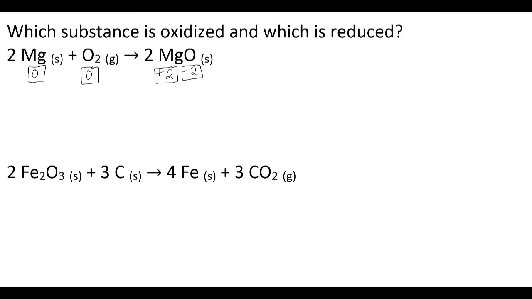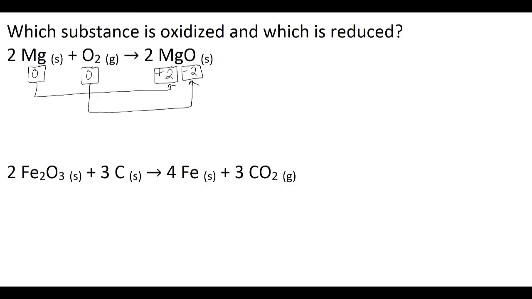So you've assigned an oxidation number to each element involved in this reaction, and now you need to look at how those oxidation numbers change from reactant to product in order to figure out which substance is oxidized and which is reduced. Magnesium goes from 0 to +2, and oxygen goes from 0 to -2.